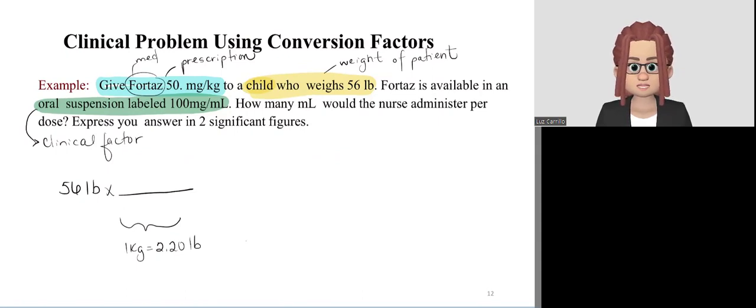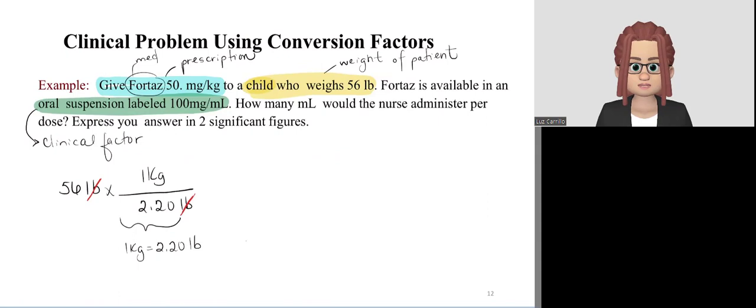Since I'm trying to cancel the units of pounds, that means that 2.20 is in the denominator of my fraction. On the top, I'm going to put what it equals to, 1 kilogram. So by doing this, I already changed the weight of my patient into kilograms.